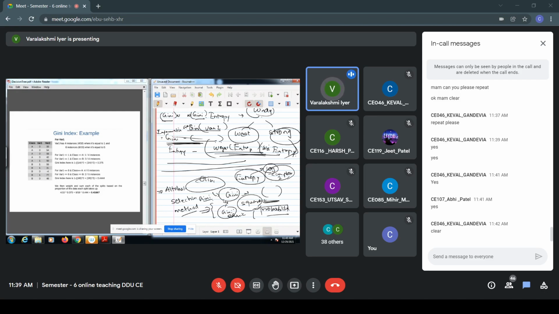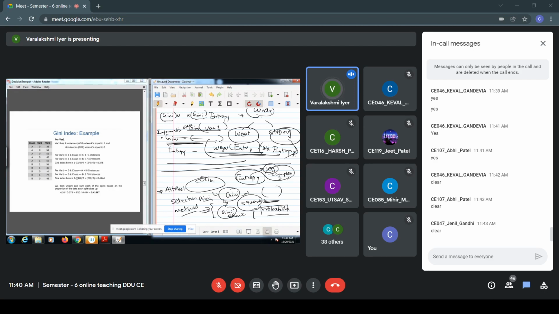What about others? Okay, I suppose that everyone is clear with this. We'll repeat the Gini index part in the next lecture also, and get a little more brief. So these are the three attribute selection methods that we have.